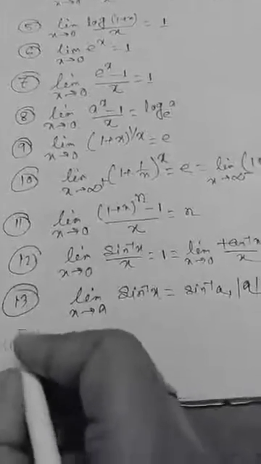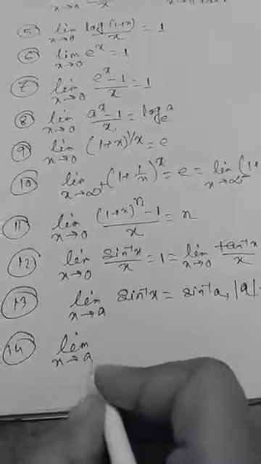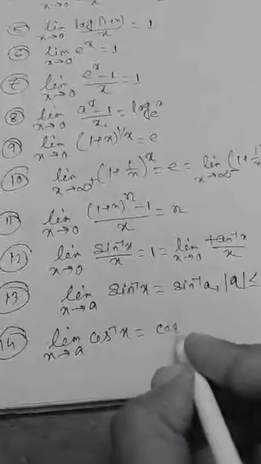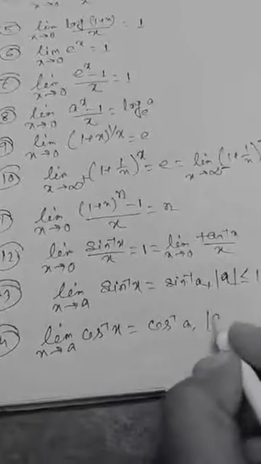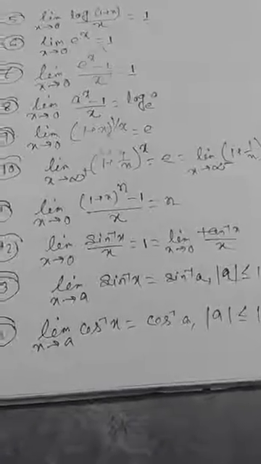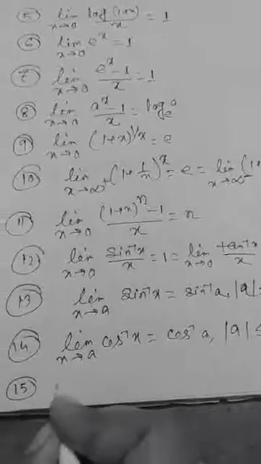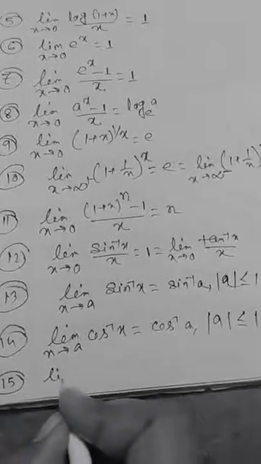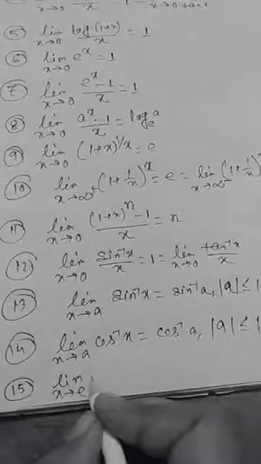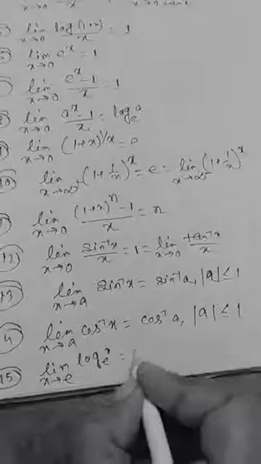Number 14, limit x tends to a, cos inverse x is equal to cos inverse a. Here also mod a less than or equal to 1. And number 15, limit x tends to e, log x base e is equal to 1.